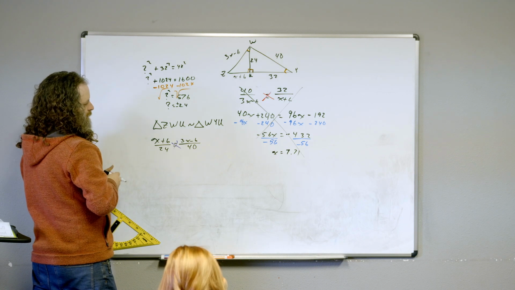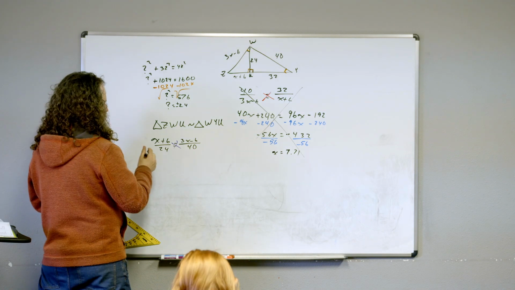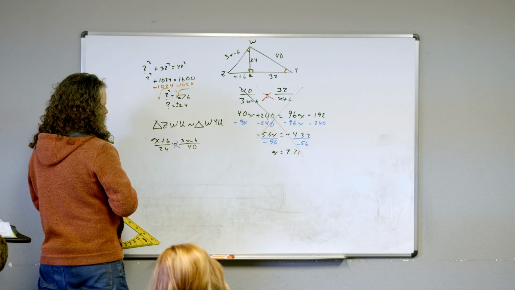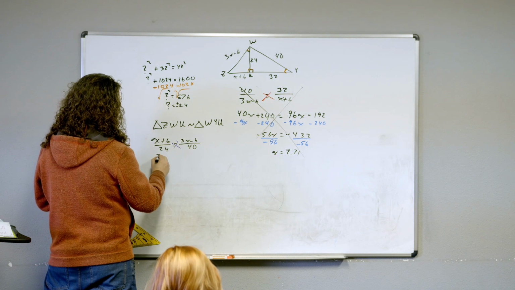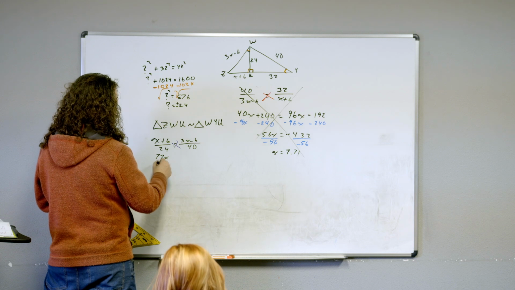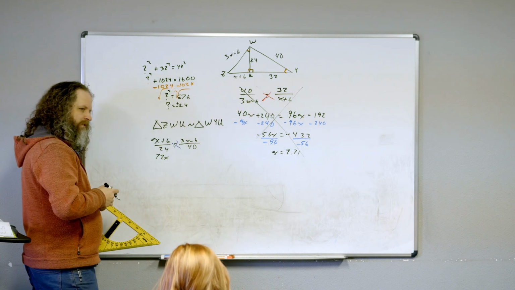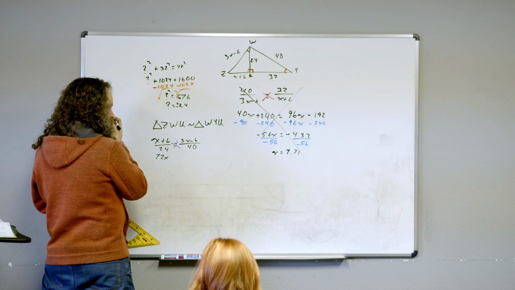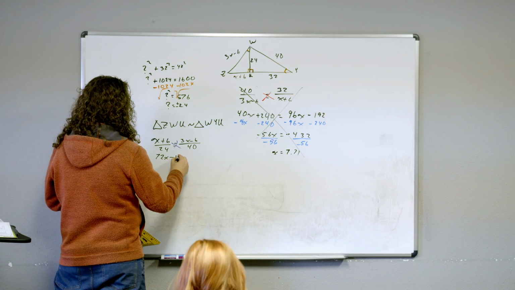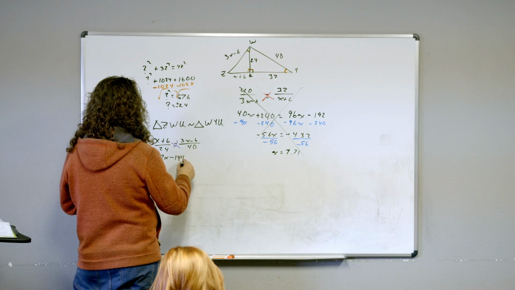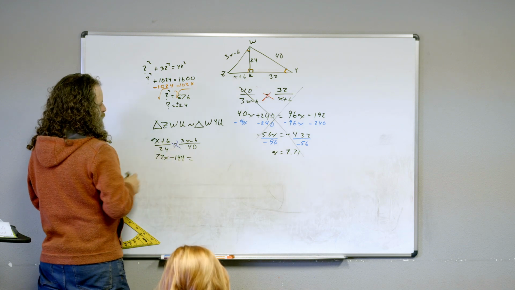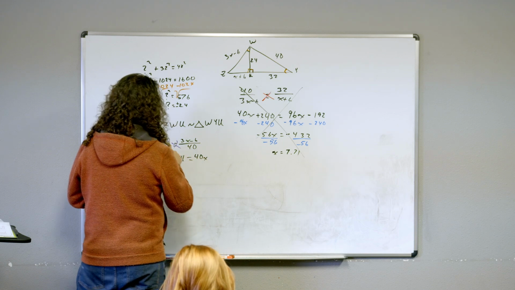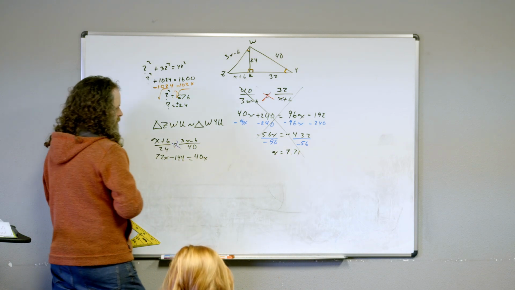What's 24 times 3x? 72x. What's 24 times negative 6? Negative 144. What's x times 40? 40x. And what's 6 times 40? 240.